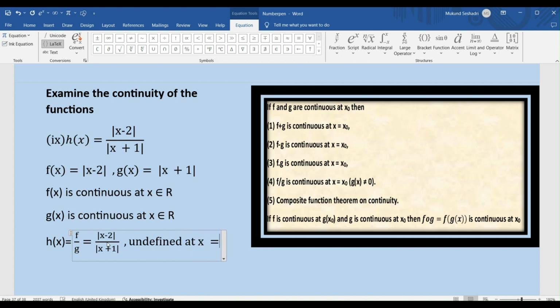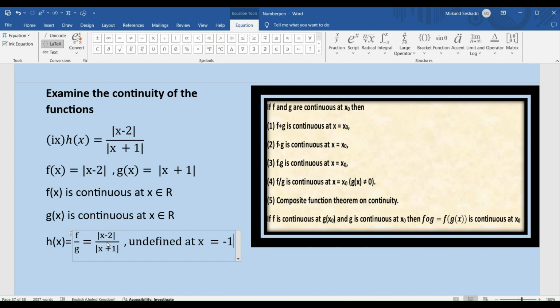It's straightforward at x equals minus 1, because at x equals minus 1 you have 0 in the denominator and h of x does not take a finite value. So we'll have to eliminate that. And do we see any other critical point or exceptions? The answer is no, right?